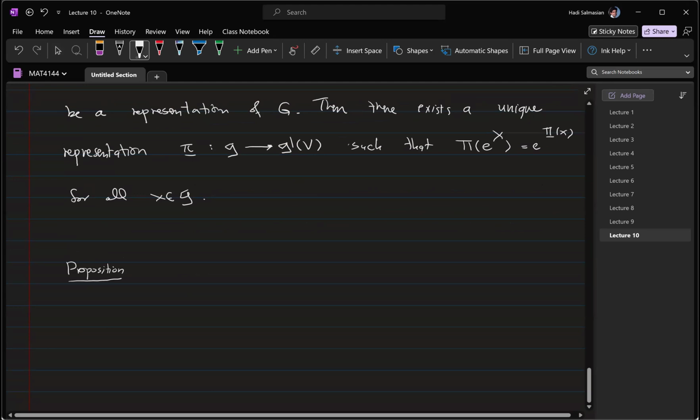It turns out that irreducible representations of the two are really the same once you assume that capital G is connected. So let G be a connected matrix Lie group.